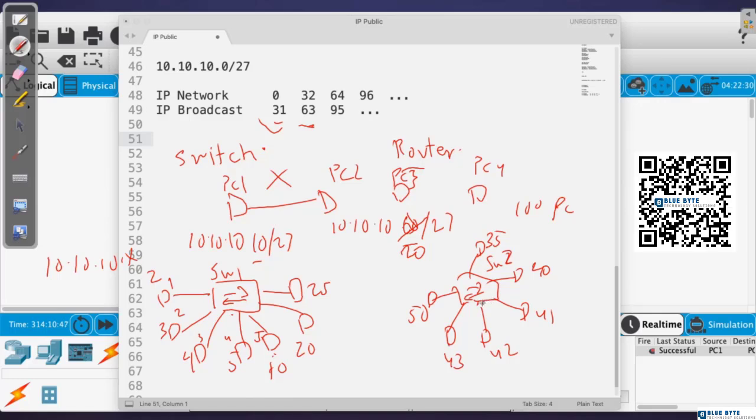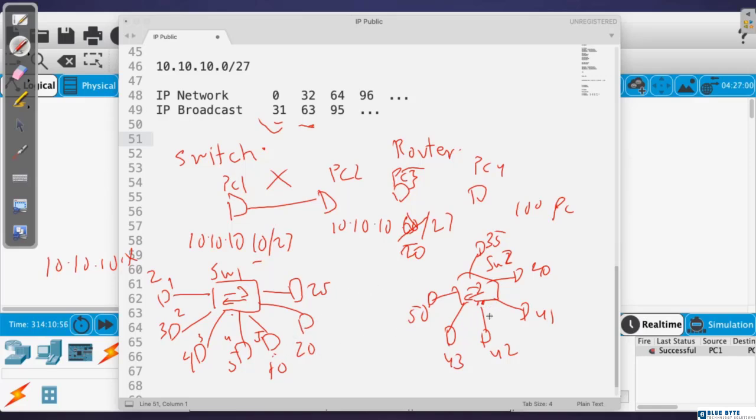But the question is, how to communicate with a different room? Let's say we want to communicate between PCs in room number 1 and room number 2. To do this, we will need a router. Okay, so here I draw a router, and we need to connect the switch in room number 1 to the router, also the switch in room number 2 to the router.